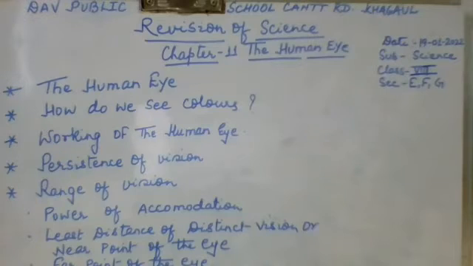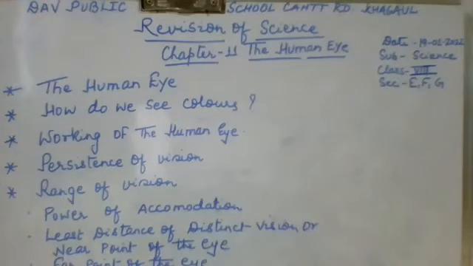Converts this signal, you just say, into an erect image of the same size as the object. Although the image is inverted when we are seeing it, the interpretation of the brain works over there and we see the object erect. Clear?